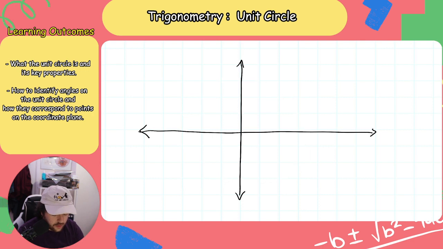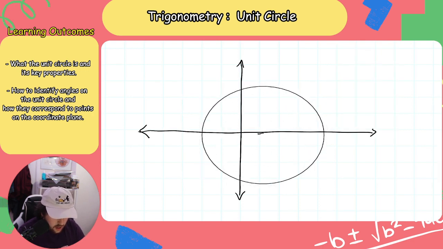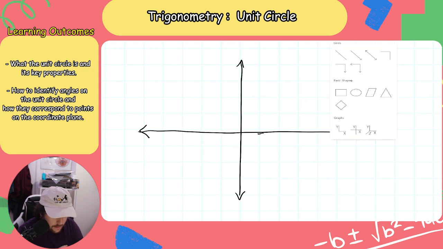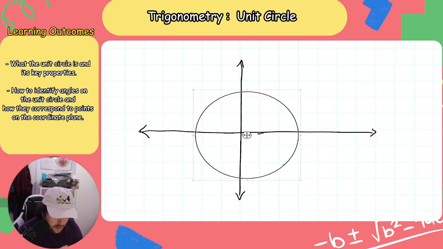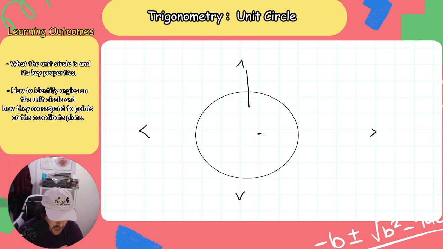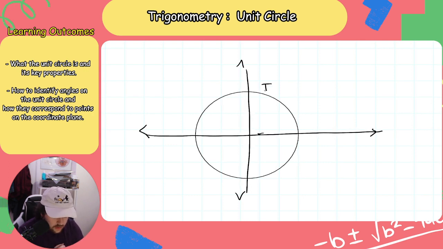That's a bit too crude, I think. Close enough, right? So I have my unit circle here. This is quadrant 1, quadrant 2, quadrant 3, and quadrant 4.